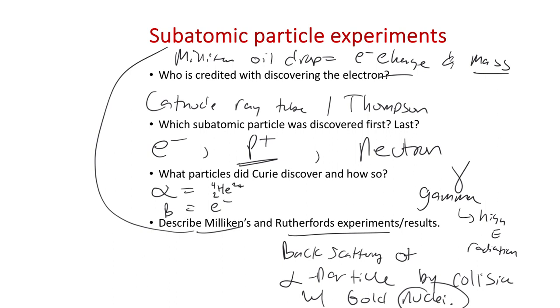If we didn't have a collection of all those protons and neutrons in a single nucleus for a gold atom, when that alpha particle struck the nucleus, it never would have been deflected backwards. You have a particle much more massive traveling very fast. If it's hitting a single neutron or a single proton, it's just going to keep going. But if it hits a collection of those particles, it can deflect backwards. So it allowed the discovery, the proposal and the validation of that nuclear model for our atoms. So that's Rutherford's work.